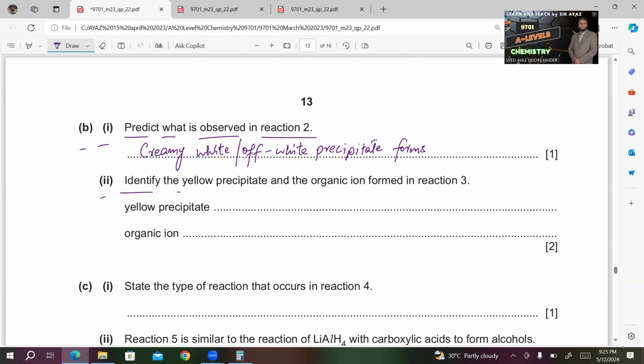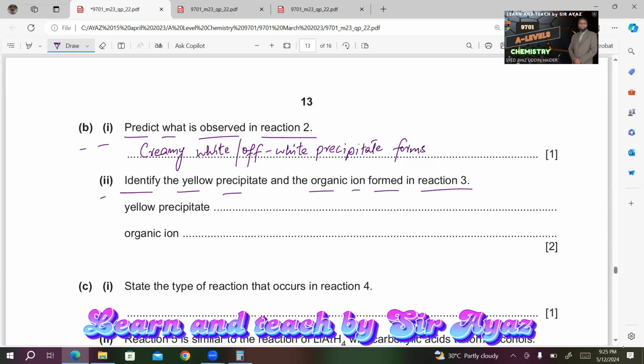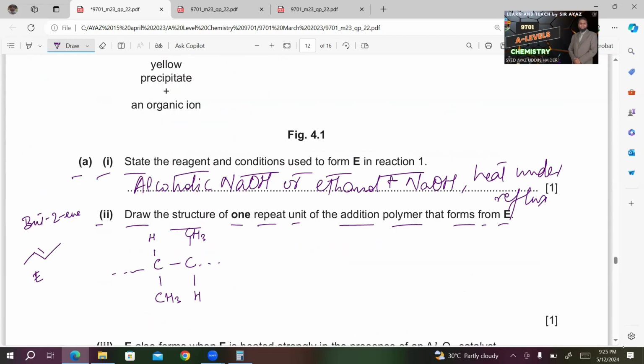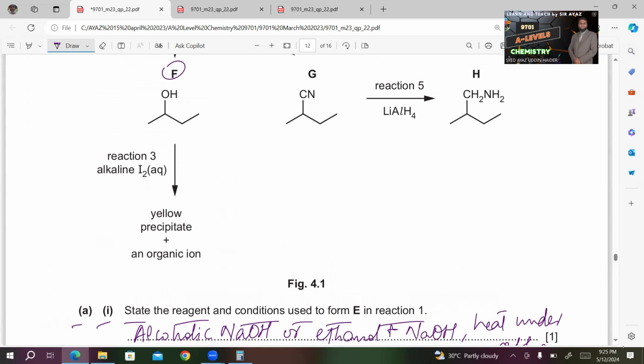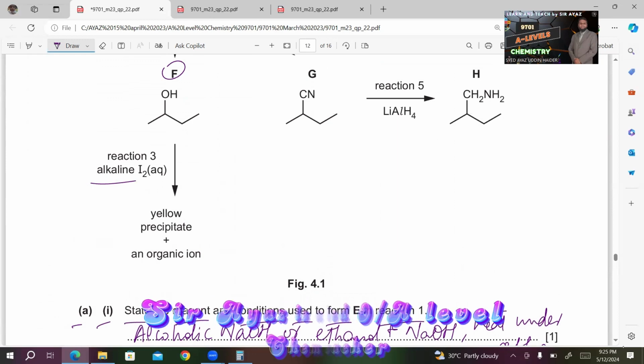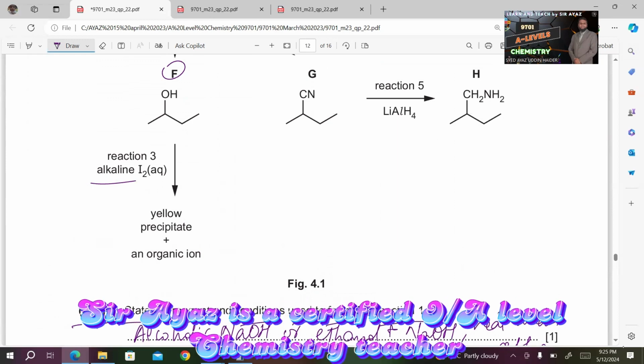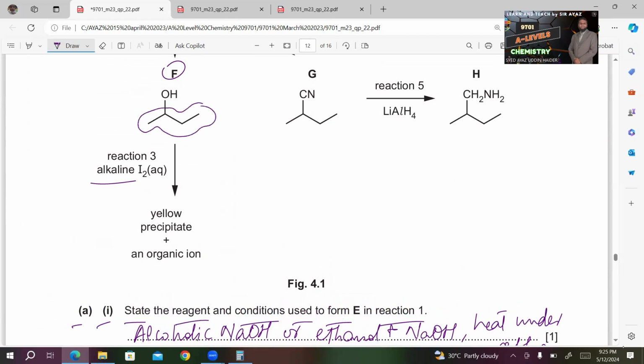Number 2, identify the yellow precipitate and the organic ion formed in reaction 3. This is reaction 3. So reaction 3 is alkaline I2. The yellow precipitate must be iodoform, and the organic ion must be propanoate.